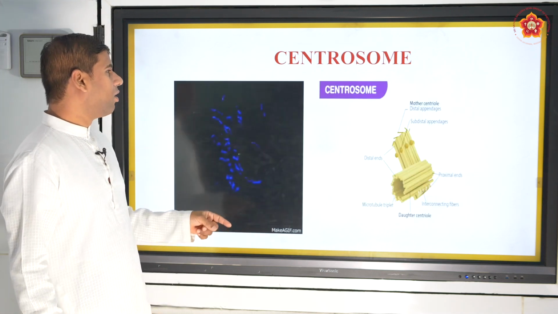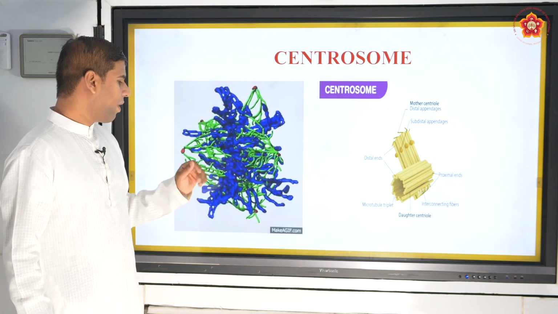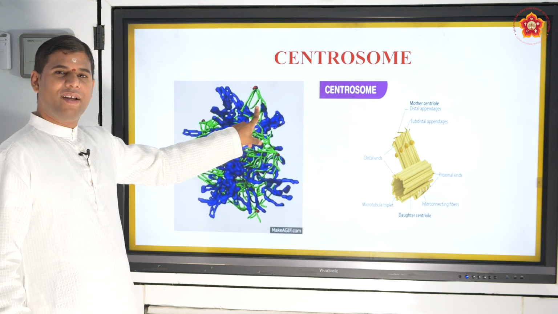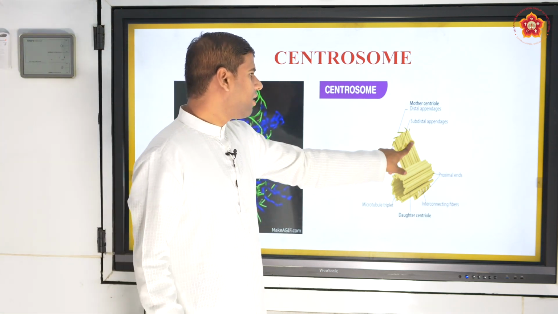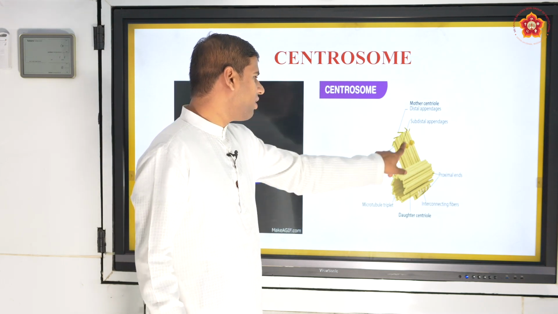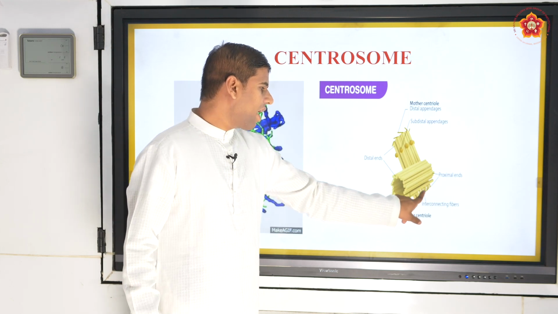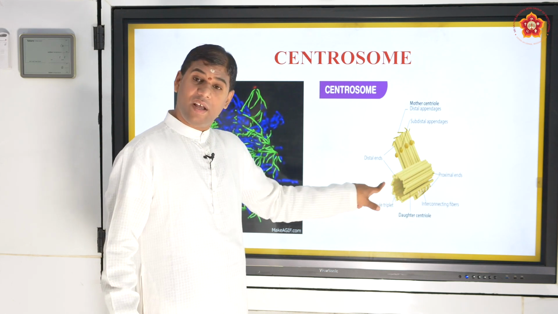This is how the centrosome looks like in the electron microscope. In the diagram you have the distal appendages, subdistal appendages, the distal ends and the proximal ends, and interconnecting fibers. The two centrioles are held by the interconnecting fibers and are at a right angle.